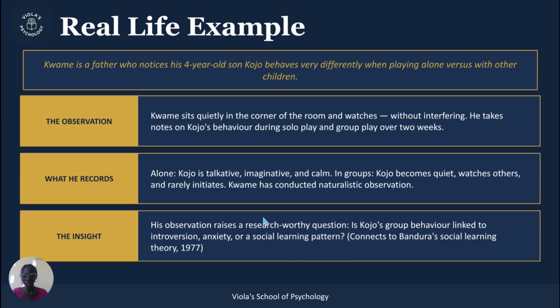And then his observation, he connects it to Bandura's 1977 social learning theory, which shows that children learn behavior by observing others, not by being taught directly. So you see, I told you in the 6 psychological research steps, that when you identify a research problem, you make sure that you review related literature.